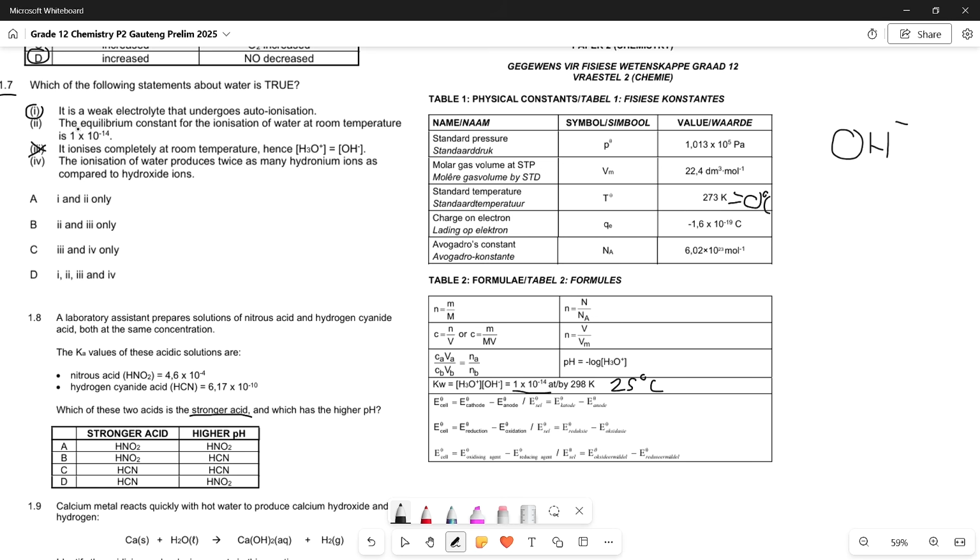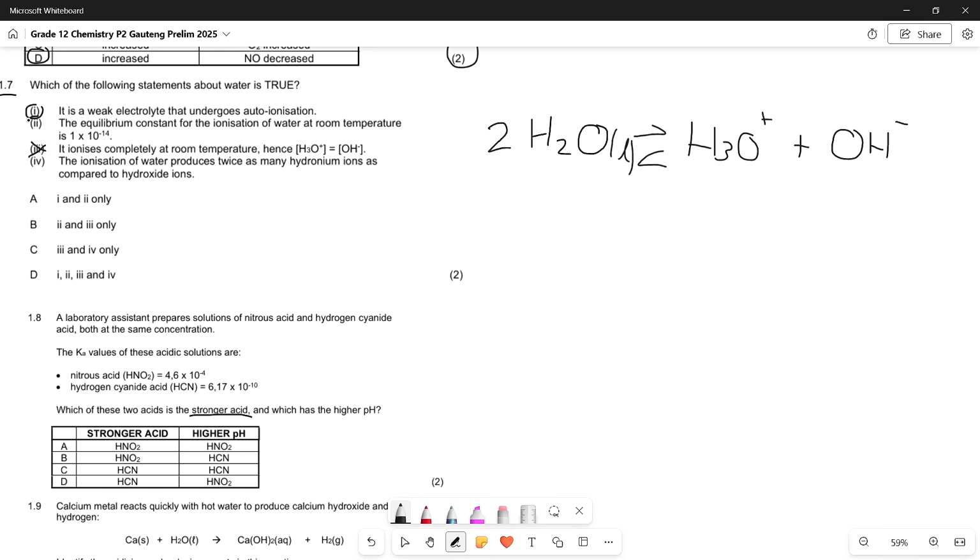But what this is saying is the equilibrium constant, the Kw constant, for the ionization of water at room temperature, 25 degrees Celsius being room temperature, is 1 times 10 to the negative 14. And that is true, as we've been given this constant on our formula sheet. Which means that 1 is true and so is 2, and then we just have to see if 4 is true or why it isn't.